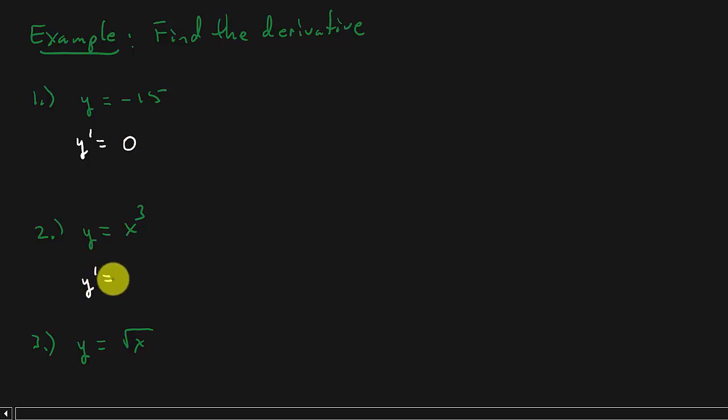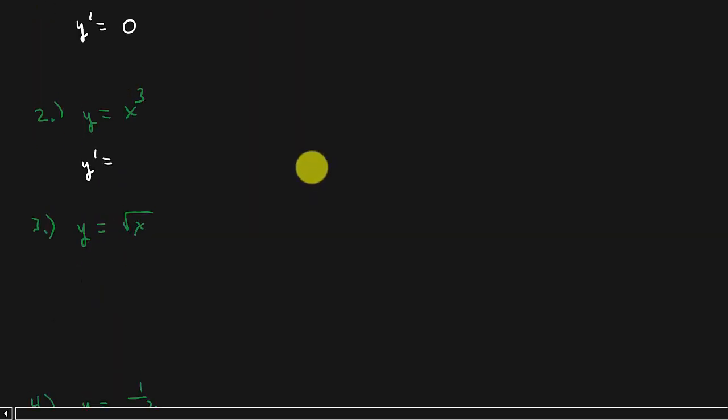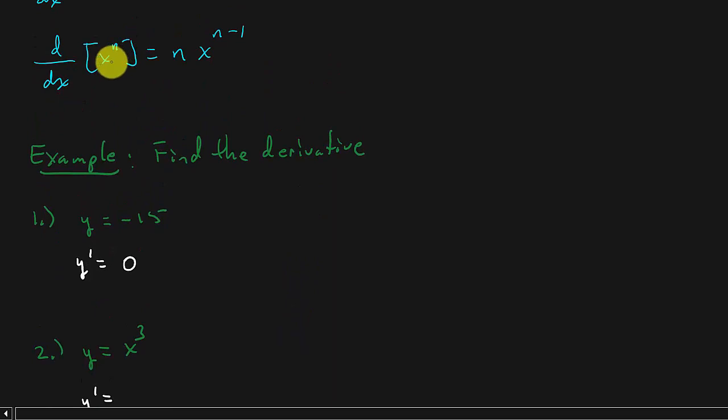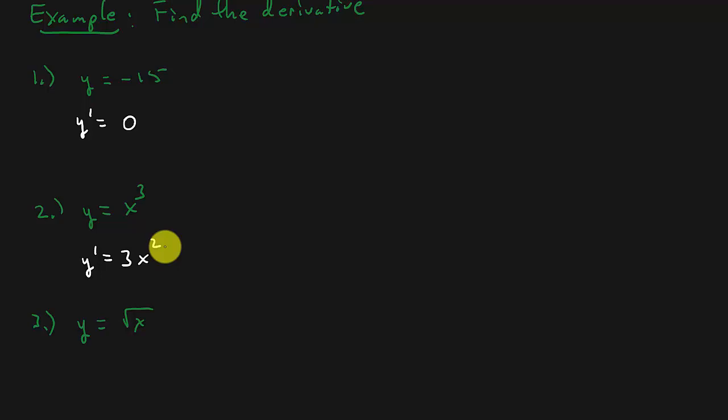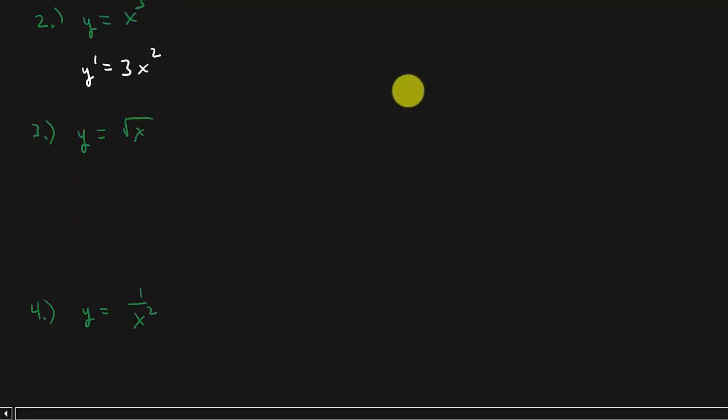So we've got y prime is equal to, now notice this one we have x to the n, x raised to a power. So what do we do when we have x raised to a power? Well, that exponent comes down in front and then subtract 1. So the 3 comes down in front and then subtract 1 from the exponent. So 3 minus 1 is 2. And there's your answer. It's a lot easier than what we did in the last video when we were doing the limit as h goes to 0. It's a lot easier than that.